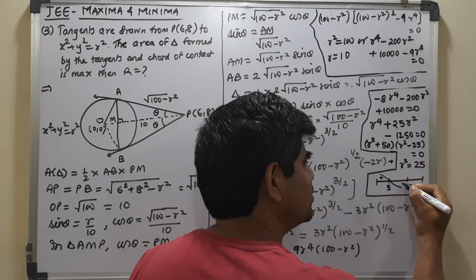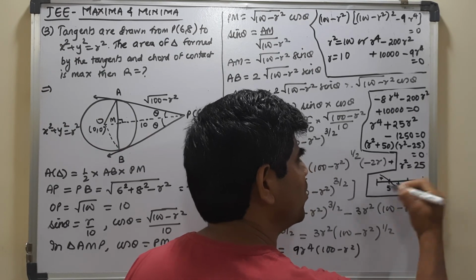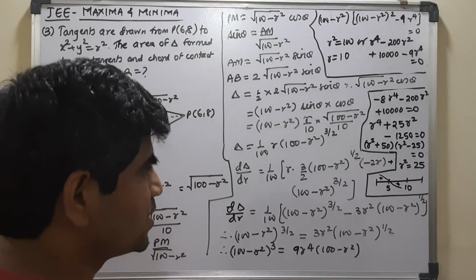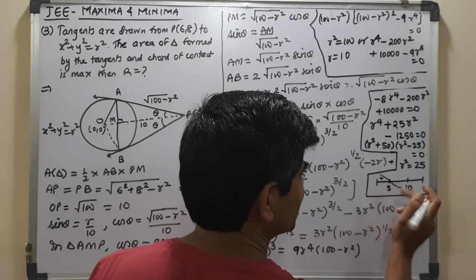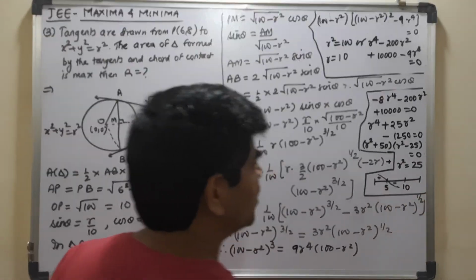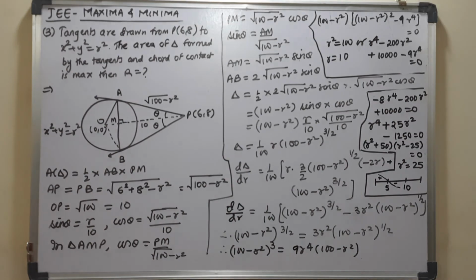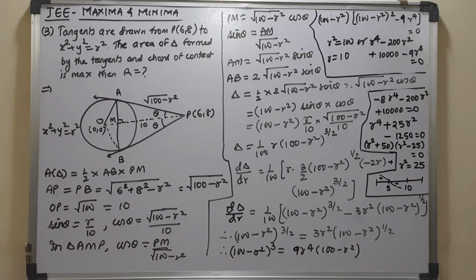And I would suggest you to check it before 10 and after 10 also. This is negative over here. So the function is found at one point, at r is equal to 5, it is maximum. Okay, that means the area of the triangle which is formed will be maximum at r is equal to 5.